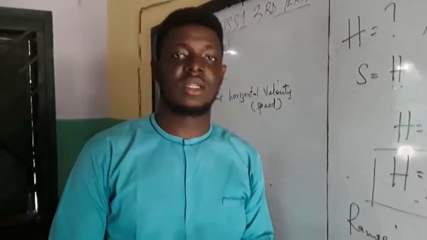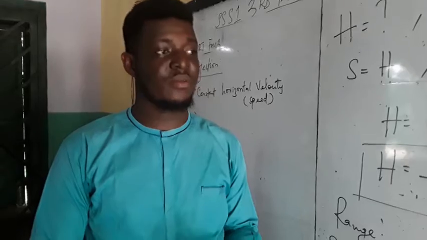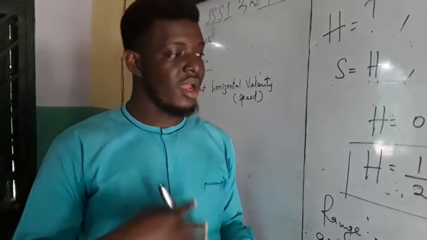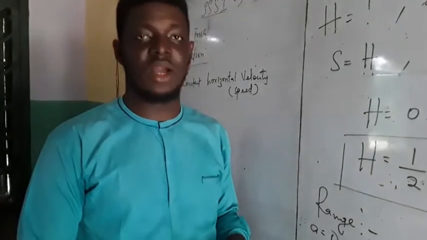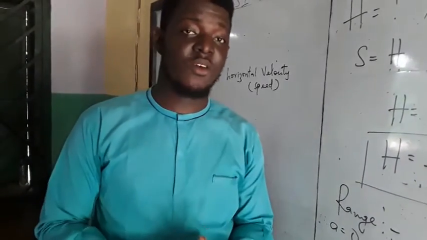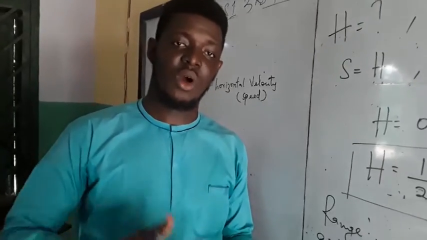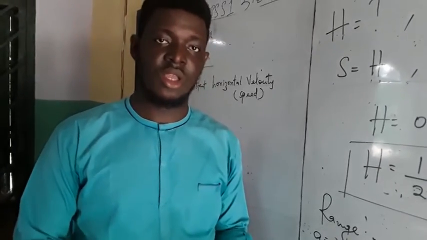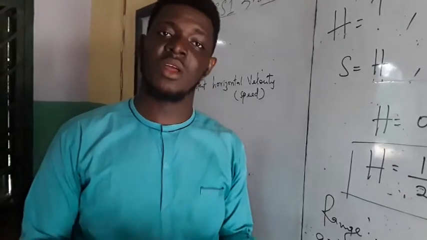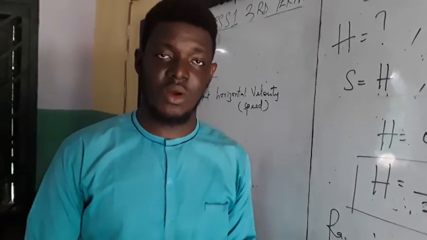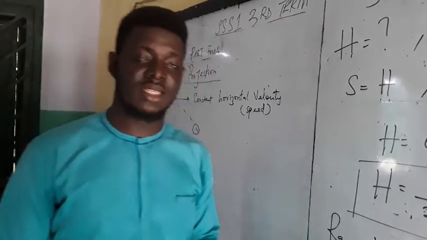I'm going to be giving you a series of questions, OBJ questions and theoretical questions, so that it can aid you in all these that we've done. So this is the end of projectile motion. I want you to make reference to your textbook and also ask questions from the WhatsApp platform or anywhere that we are going to be making contact. So see you in the next class. Thank you.